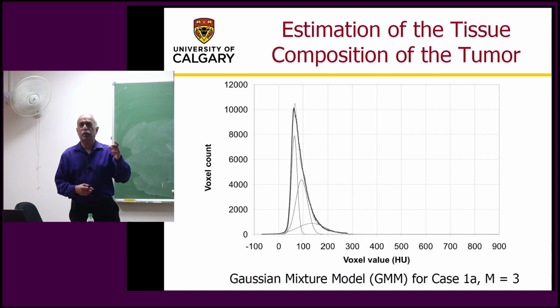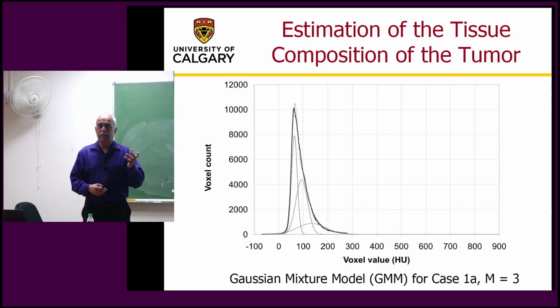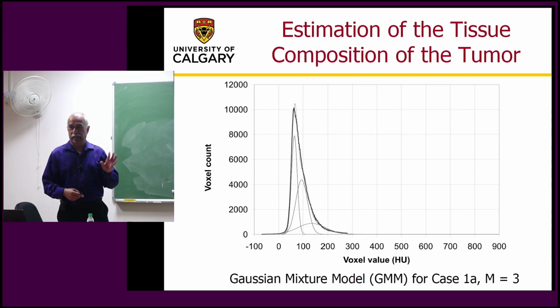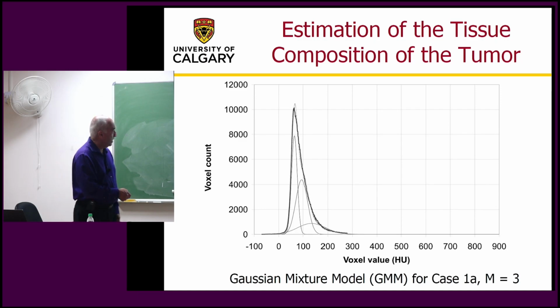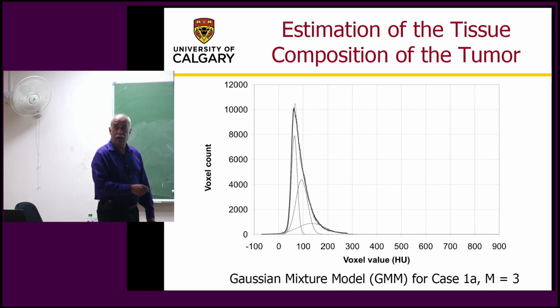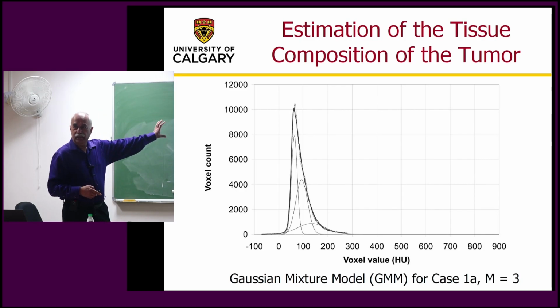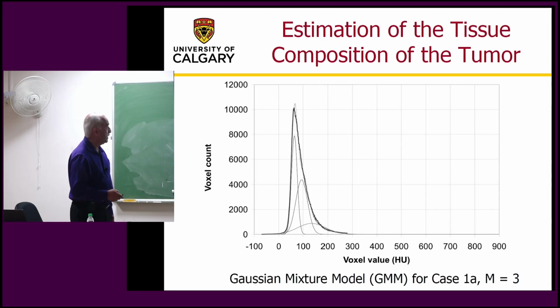I said earlier, viable tumor could go up to 90 plus some standard deviation. So one of these could be the normal abdominal tissues, and the other two could be related to viable tumor in that range of Hounsfield units, minus 100 to 900 Hounsfield units. So in this case, you have to retain the original values of the data in Hounsfield units.